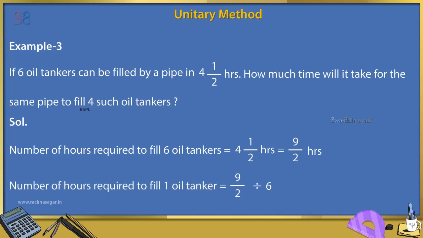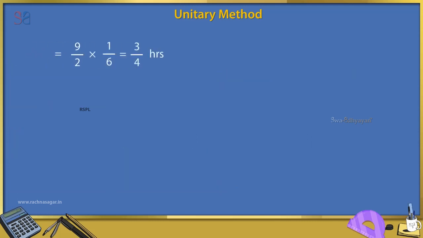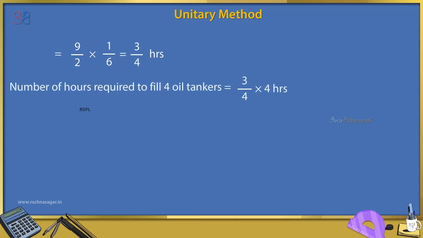Number of hours required to fill 1 oil tanker is equal to 9 by 2 divided by 6, which is equal to 9 by 2 into 1 by 6, which is equal to 3 by 4 hours. Number of hours required to fill 4 oil tankers is equal to 3 by 4 into 4 hours, which is equal to 3 hours.